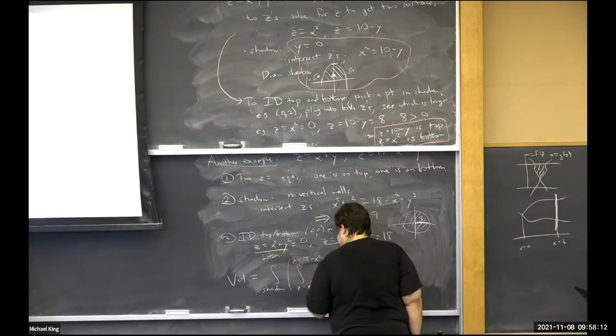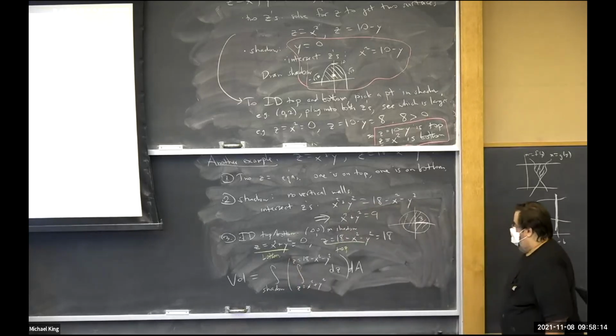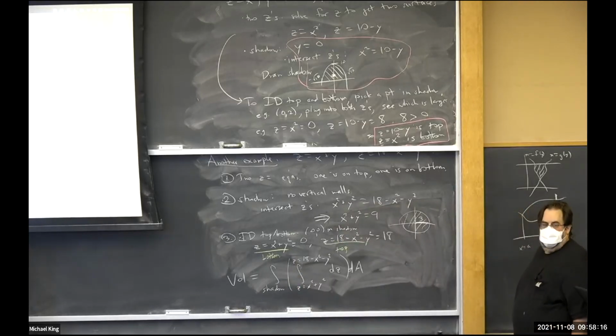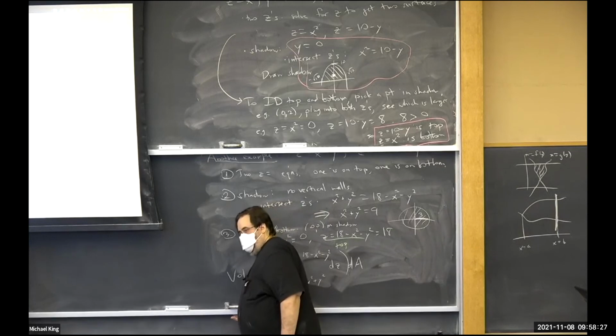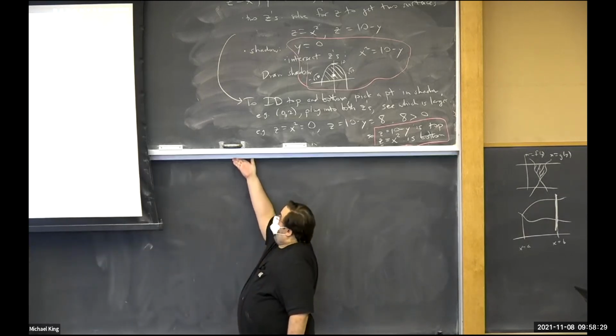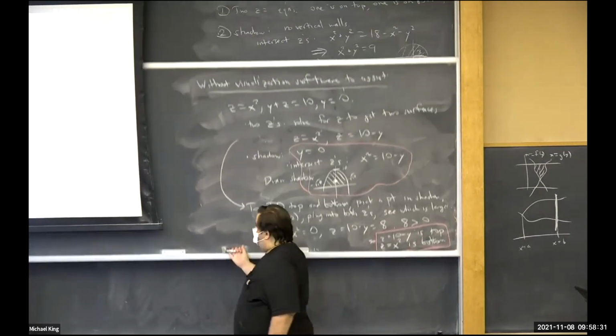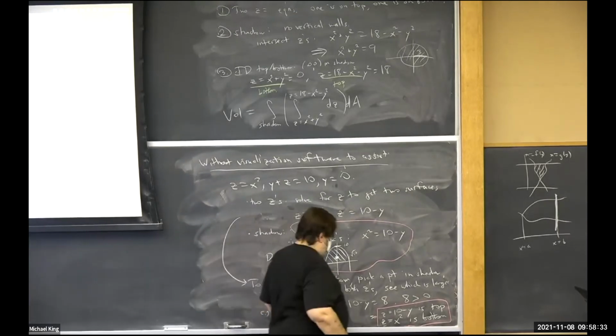Still thinking about this outside one as a double integral. Now it's just a matter of setting up the shadow, which we could do with vertical slices, or actually we're going to learn double integrals in polar coordinates, which is what this would naturally be, but since we haven't done that yet, let's just do the shadow.